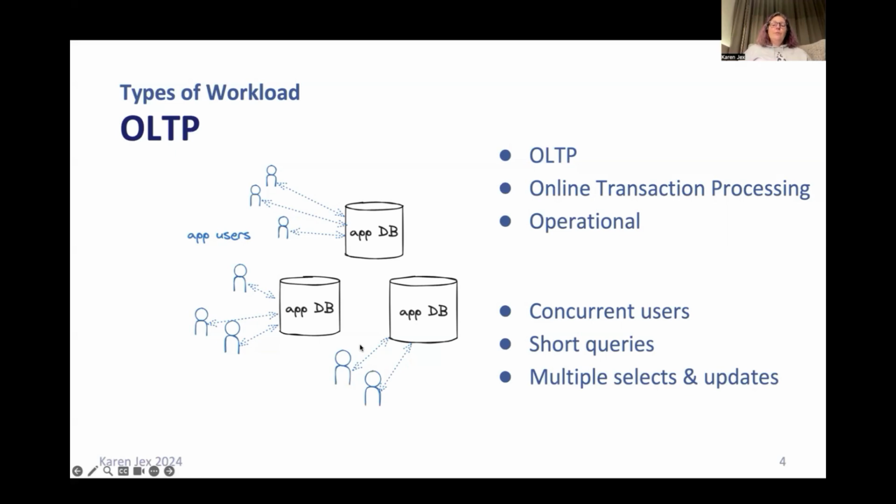It could be a traditional payroll app or a banking app system, an online commerce site, or any other type of application. We usually call this type of workload OLTP, online transaction processing, or operational database activity. And it's characterized by many concurrent users performing short queries, often multiple selects, inserts, and update statements per transaction.